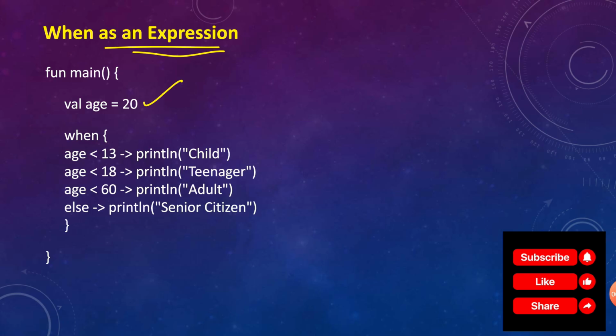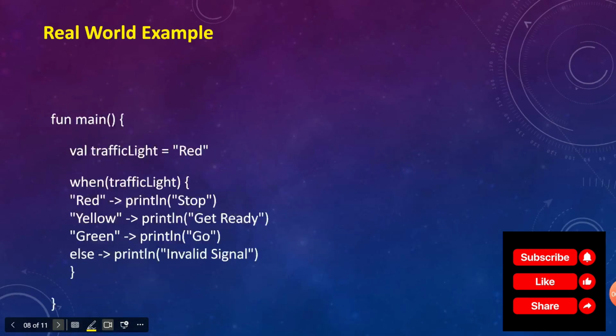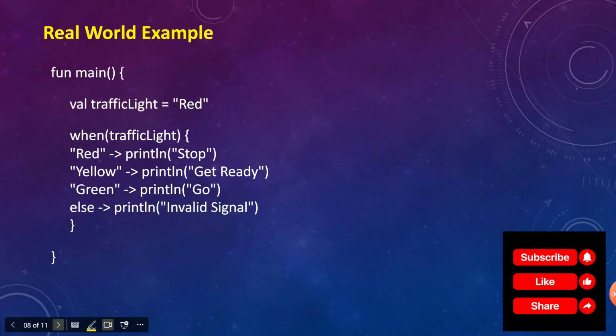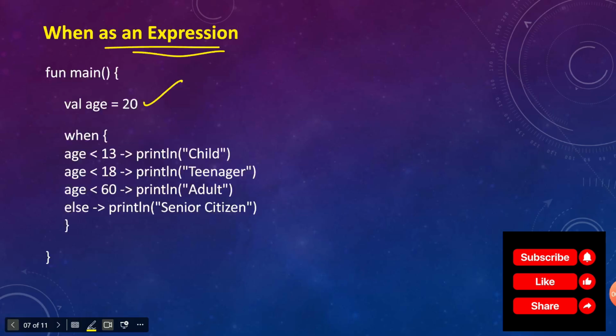Whatever the when returns will be stored in the result variable. So the when block returns a value, and that value is stored in the variable result. This is why Kotlin calls when an expression, not just a statement. You can see a real-world example in the next slide.